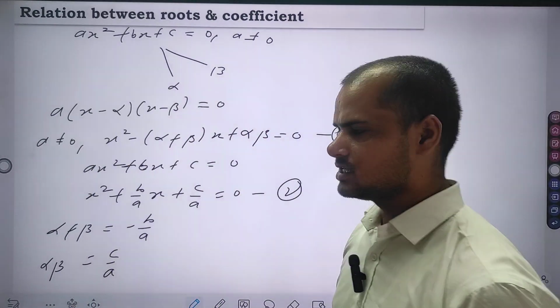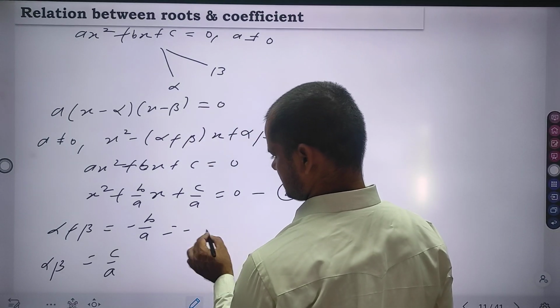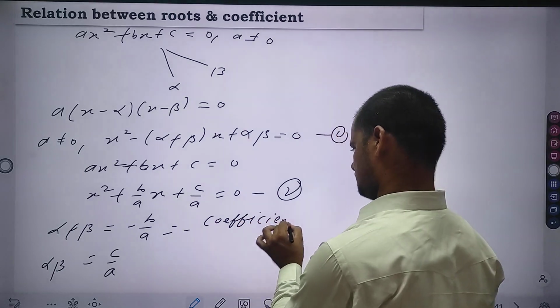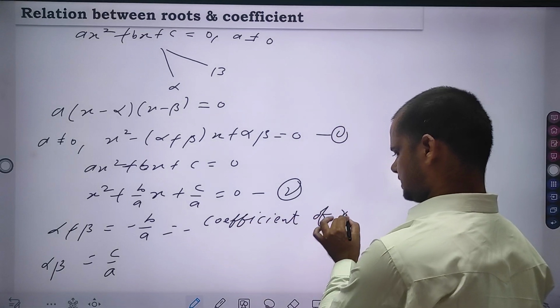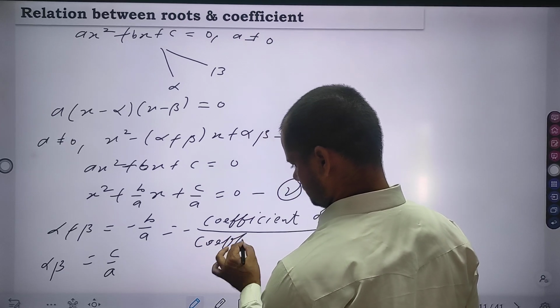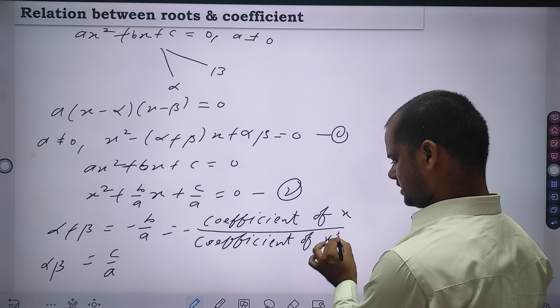Alpha into beta is c upon a. The sum of roots can also be written as minus coefficient of x divided by coefficient of x square.